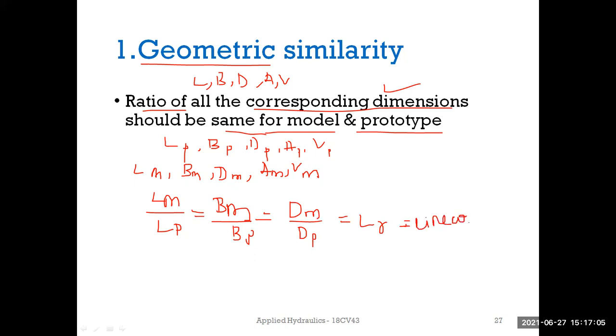For a geometric similarity, there should be a linear scale ratio. That is, the ratios of the linear dimensions of both model and prototype should be the same. That is said to be geometric similarity.